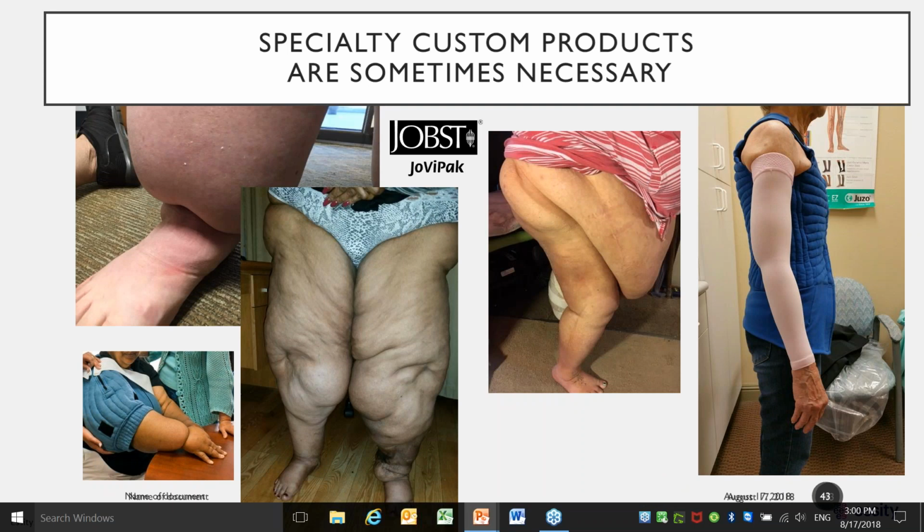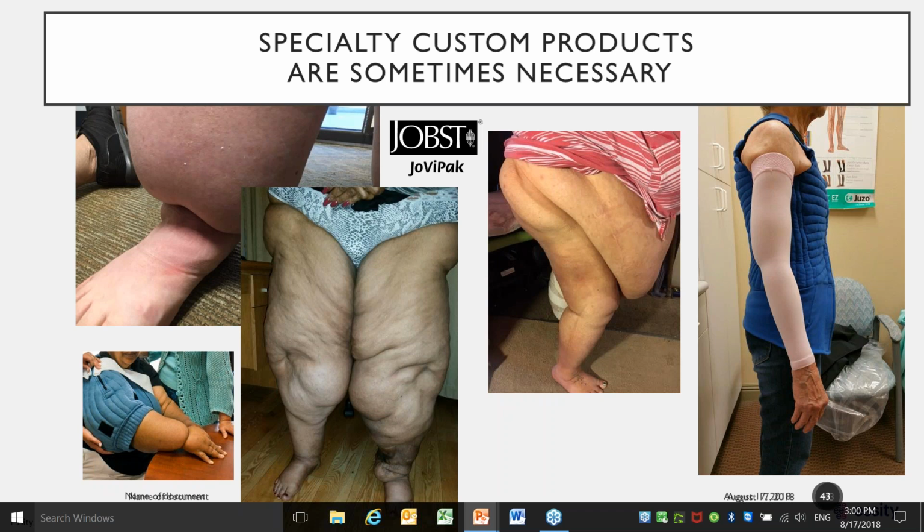Sometimes these specialty products are necessary, and it is our hope that at JoViPak we remain committed and can help you and provide your patient with an effective garment. We are all about listening to your needs. This is what sets JoViPak apart. If you do your part by measuring carefully, we can get your custom garments to fit the first time.